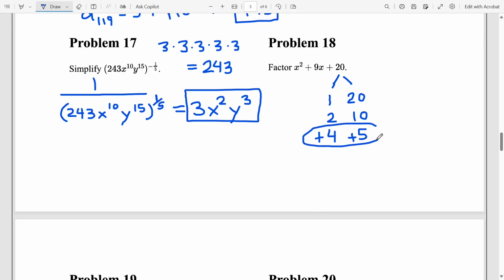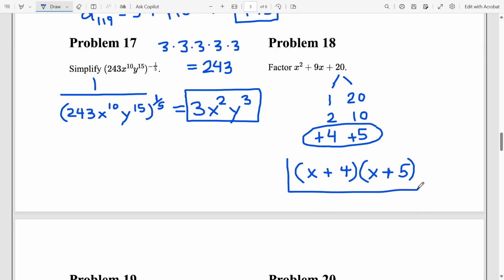So I'm going to select this pair here, and I'm going to write my factored form as x plus 4 times x plus 5. And that's our solution to that one.